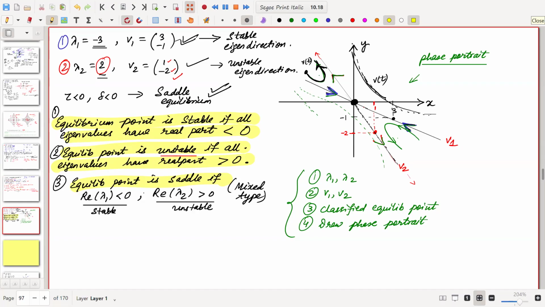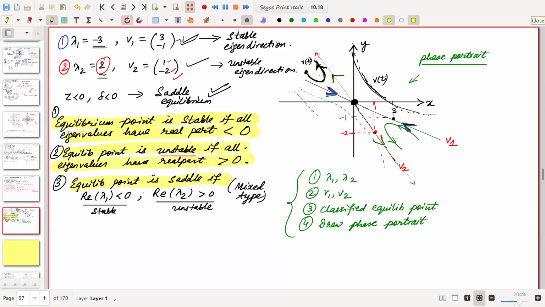Now we have considered either all eigenvalues less than 0 in real part or all greater than 0. What happens if you have a mixed number of them? That means some eigenvalues are greater than 0, some are less than 0. Then you get a mixed state. What does it mean? In some direction it is attracting, and in some direction it is repelling. Such mixed behavior is known as saddle behavior, right?